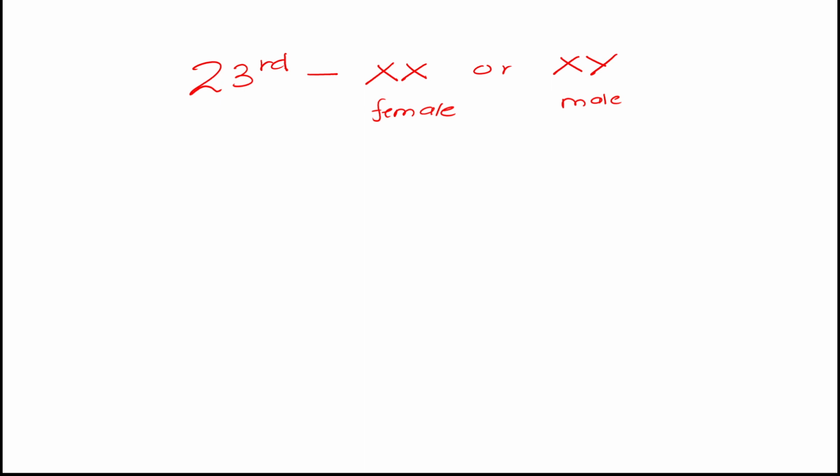The female characteristics are carried out by some of the genes that are present in the long arm of the X chromosome, whereas the male characteristics are primarily determined by some of the genes that are located in the short arm of the Y chromosome. So just know this, but we'll be looking at this from a clinical perspective in the future.